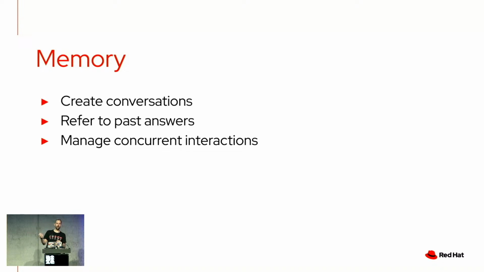If the call doesn't remember the previous call, then it's going to say, well, test for what code? I don't know what you're talking about. Thanks to the memory component, you're able to keep a memory of previous calls, and you can actually have multiple parallel calls at the same time as well.